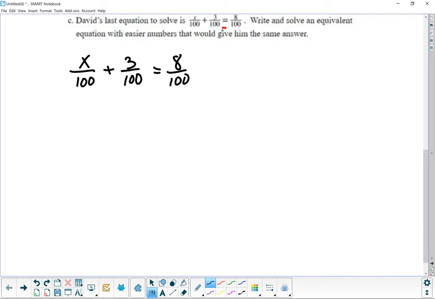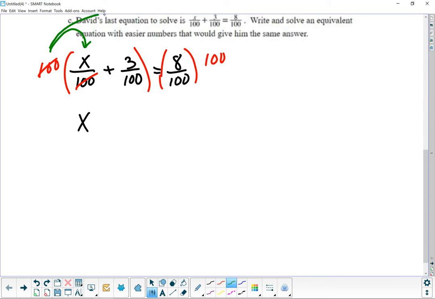Right? And what we can do is multiply everything, both sides, by 100. What that does is 100 times x over 100, and those 100s are going to cancel. So you would just get x.